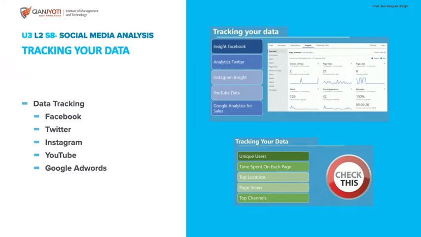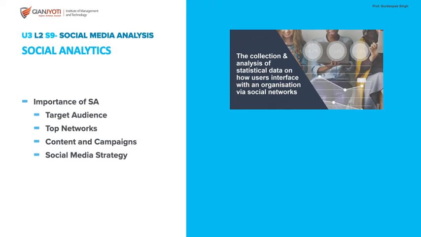And top location, from where your traffic is coming, which are the top locations, page views. So how many page views, from which location, what time of the day, what day of the month, and which months of the year, and then which are the top channels which are giving you the revenue. Is it Facebook, is it Twitter, is it Insight, is it Instagram, is it YouTube, or is it Google AdWords? So you need to check all these and track.